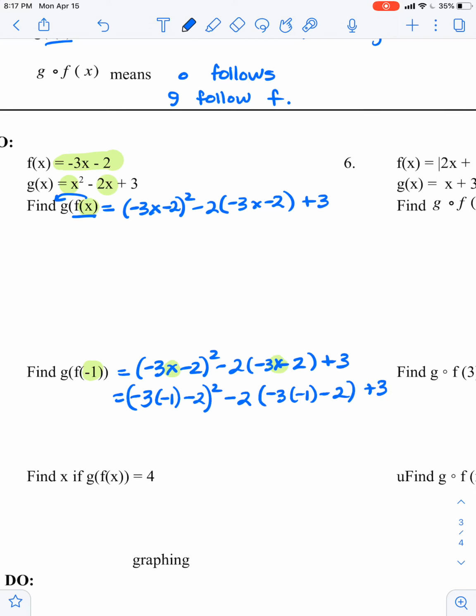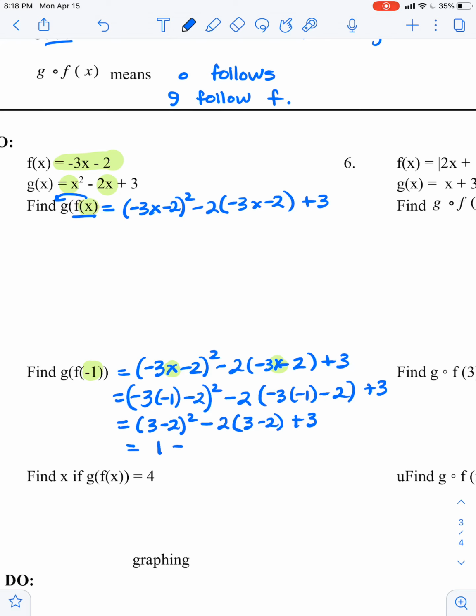Okay, so now we're going to go ahead and simplify this out. A negative 3 and a negative 1 would be 3. And a negative 3 times a negative 1 would be 3 again. Okay, now 3 minus 2 is 1, and 1 squared is 1.